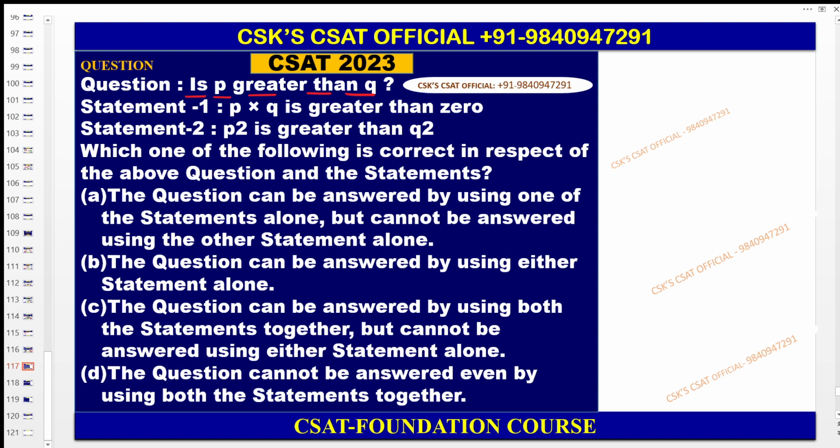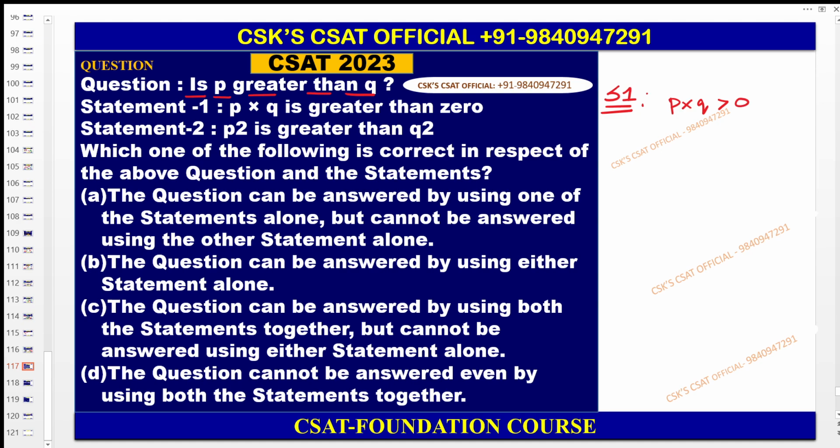Some people by mistake check whether that question is right or not. That is totally wrong with respect to question and statement based problems. Now let us move on with statement number 1: P into Q greater than 0.